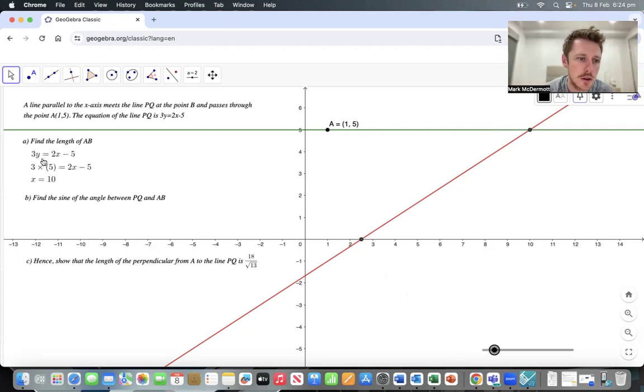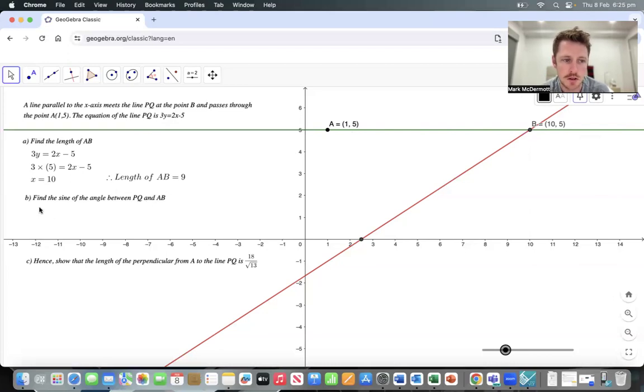So if we take that equation, 3y = 2x - 5, substitute in 5, do some rearrangements and solve for x, we get x = 10. So this coordinate has an x value of 10 and a y coordinate of 5. And the distance between A and B is just the horizontal distance, right? So from 1 to 10, the length of AB must be equal to 9. So that's how we can work that part out.